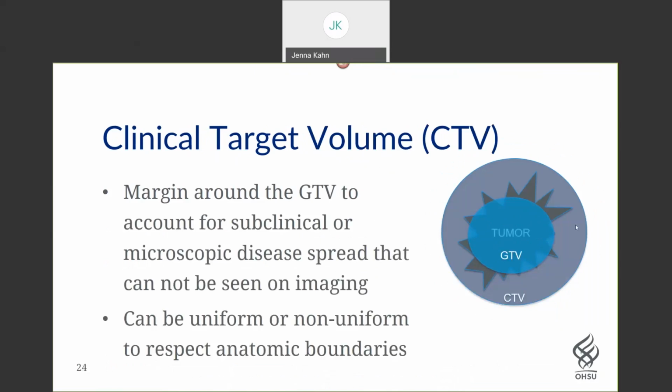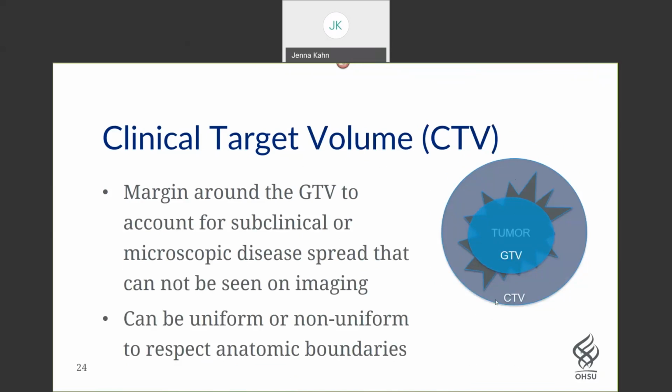But because we can't see everything on imaging, we have a clinical target volume, which is a CTV. It's the margin around a GTV to account for all of this subclinical or microscopic disease that spreads and we can't see on imaging.